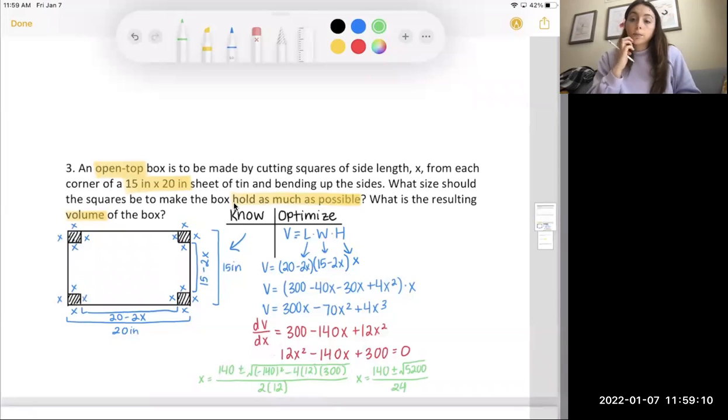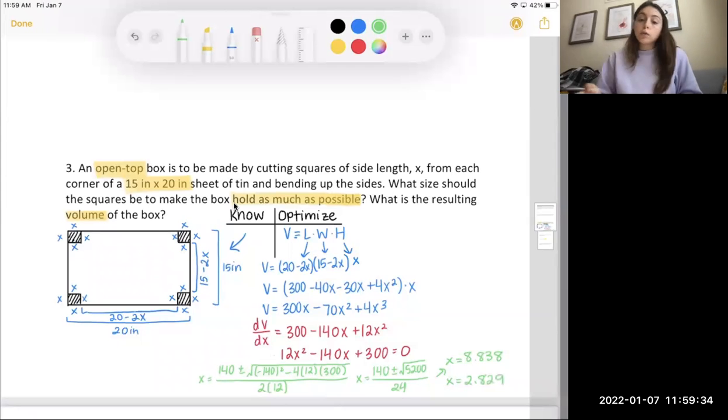And then I can calculate that once with the plus sign, once with the minus sign. And when I put it in the calculator and round to 3 decimal places, I get x equals 8.838 when I use the plus sign. And when I use the minus sign in the formula, I get x equals 2.829.